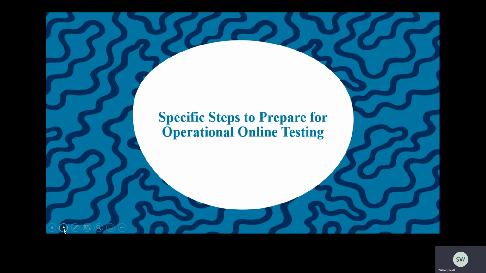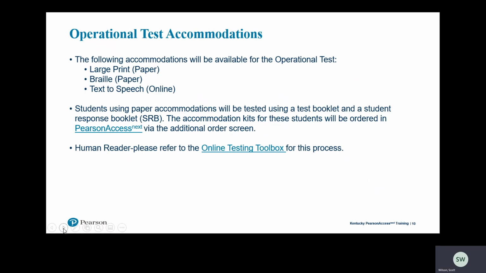Next, we're going to go over some specific steps to prepare for the operational online testing. First off, for operational testing accommodations, we will have large print in paper, Braille in paper, and text-to-speech online.